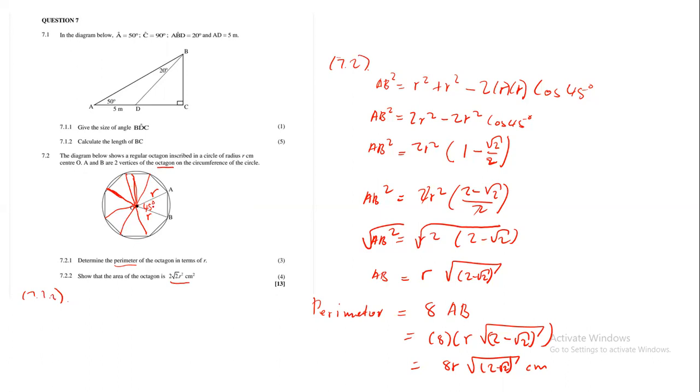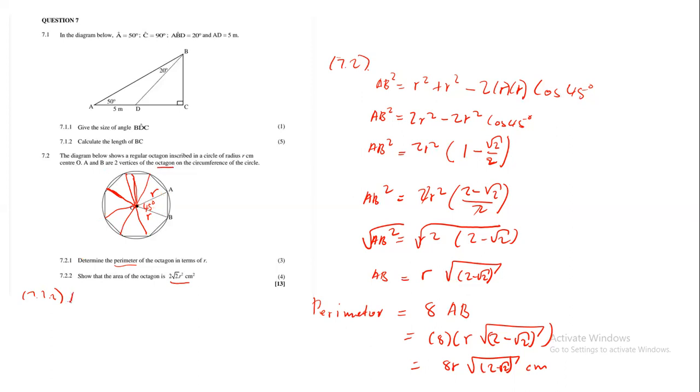So the sum of the areas of these triangles will give me the area of the whole octagon. So again, I'm going to determine the area of one triangle, and then after getting the area of one triangle, I'm going to times it by 8. That means it is the area of the whole octagon, okay? So the area of the whole octagon will be equal to how much?